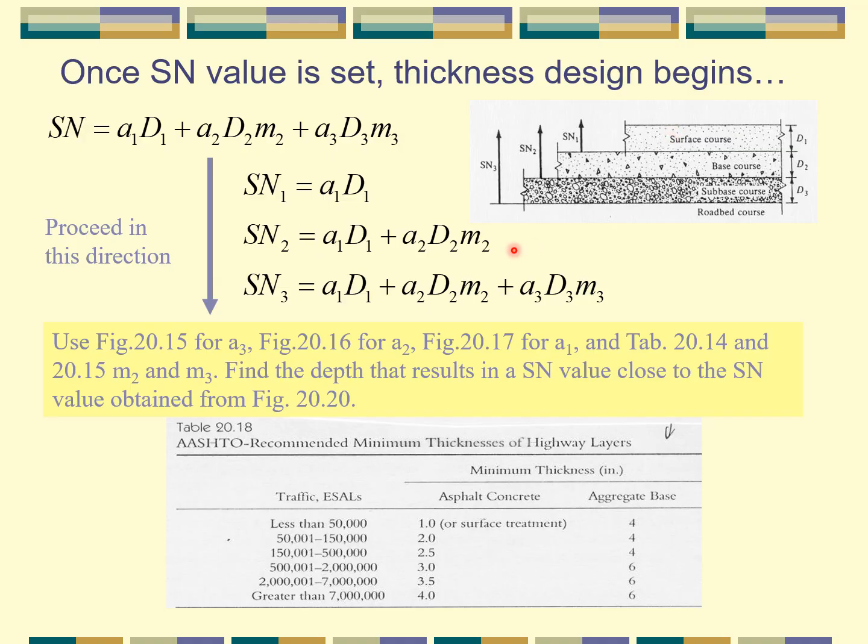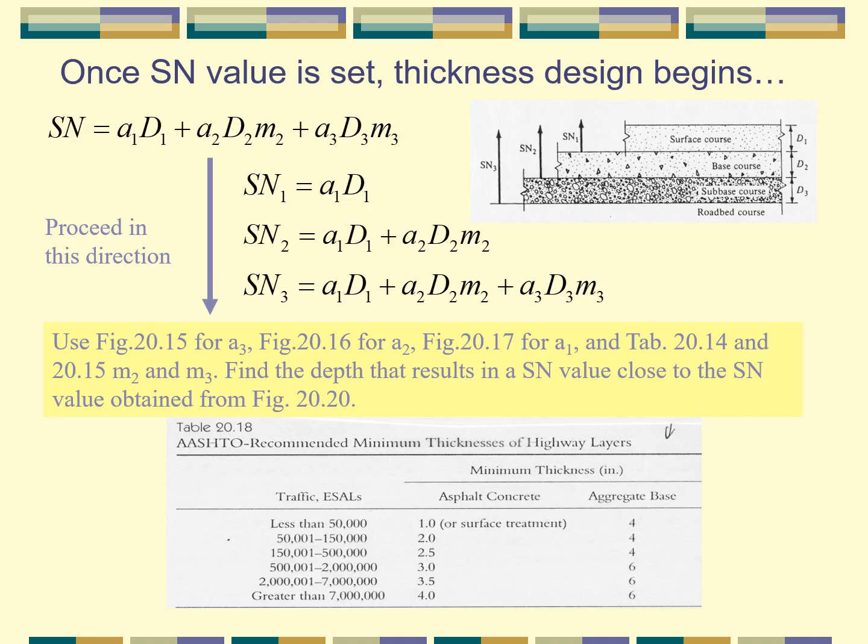And to get SN3, what to do? You will have to use the modulus of resilience of the subgrade. To get SN2, you will have to use the modulus of resilience of subbase. To get SN1, you will have to use the modulus of resilience of base course.